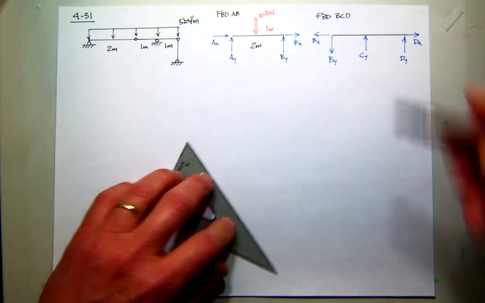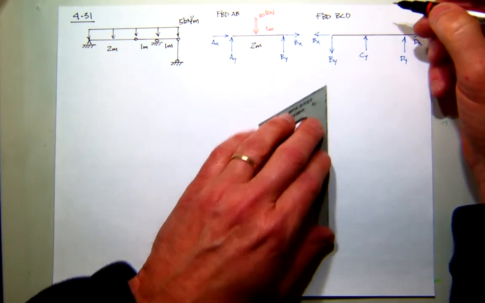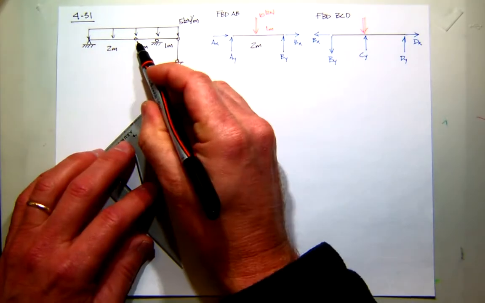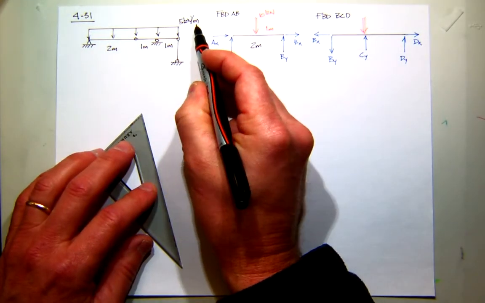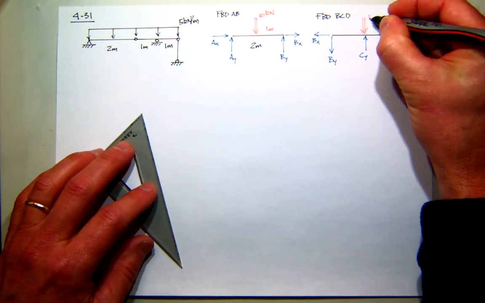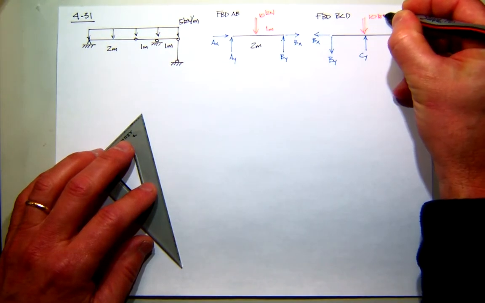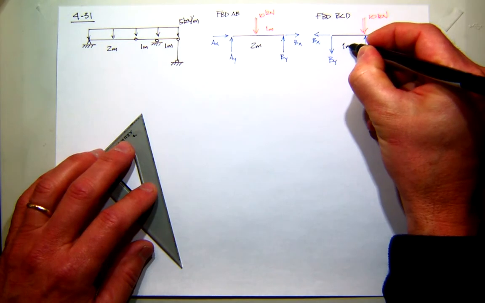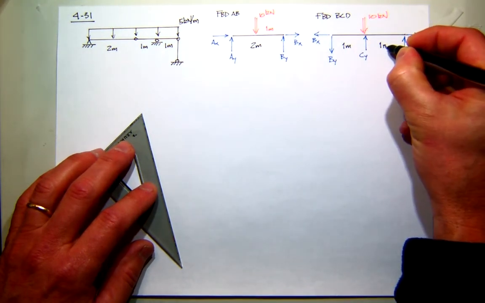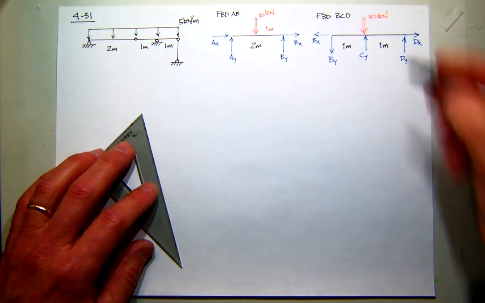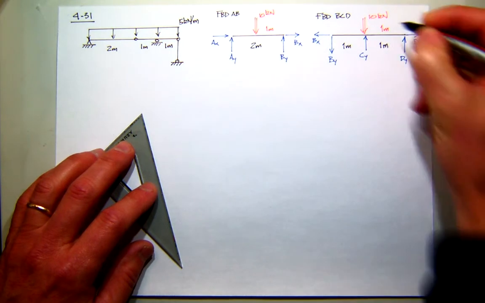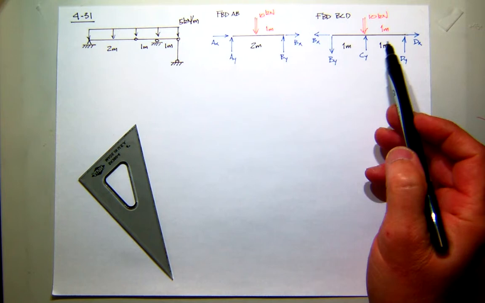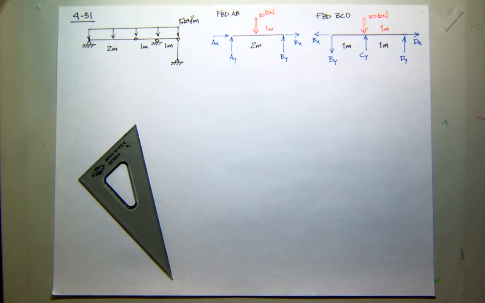Now the concentrated equivalent force on this element, again it's uniform distributed, 5 kilonewtons per meter times 2 meters, it's the same. And then we already know these dimensions, and it's the same as before. So I'll go ahead and pencil all those in. So what to do with this one is going to require us to do a little work to start with. Looking at these two, which one should I do first?